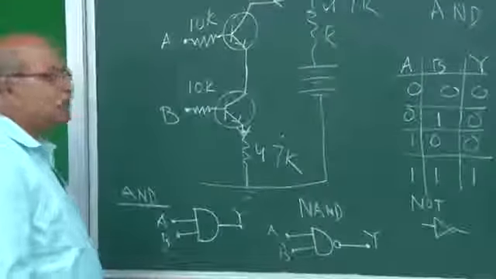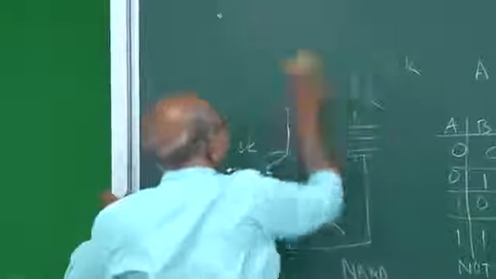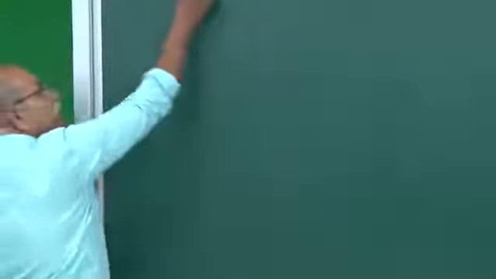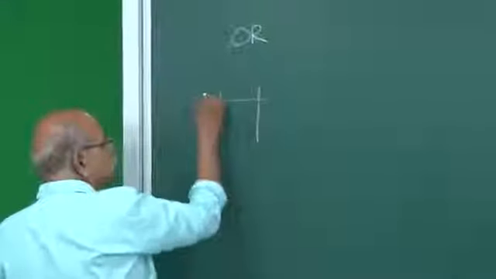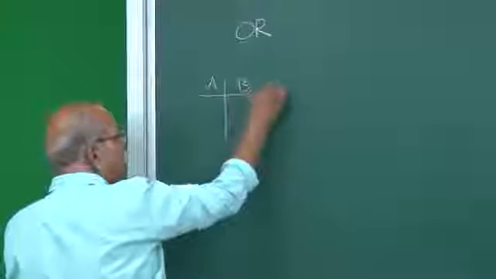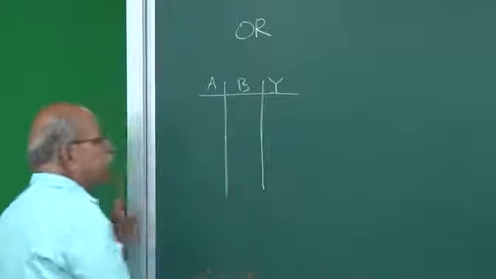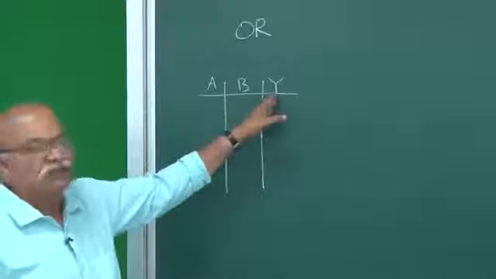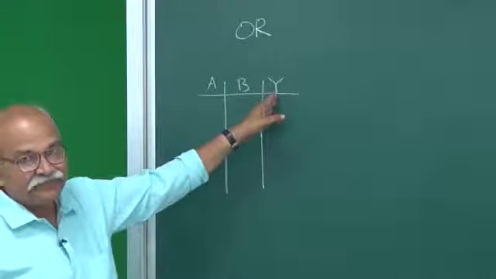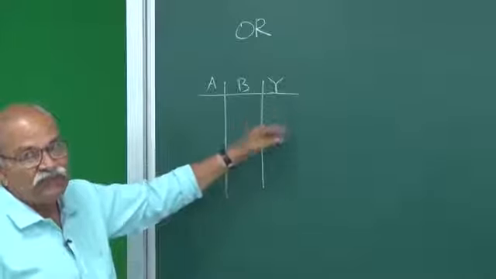Okay, now the next will be OR gate. The OR gate means A, B, Y, and if any of these two inputs is high, the output should be high. Only if both the inputs are 0, this will be 0, otherwise it should be high.